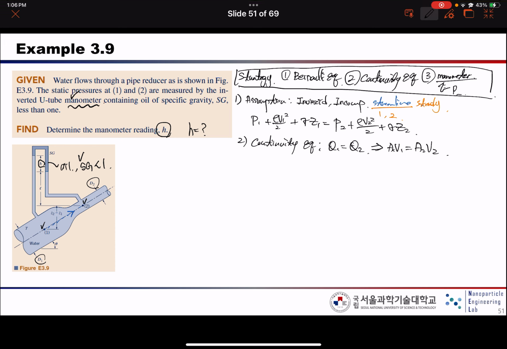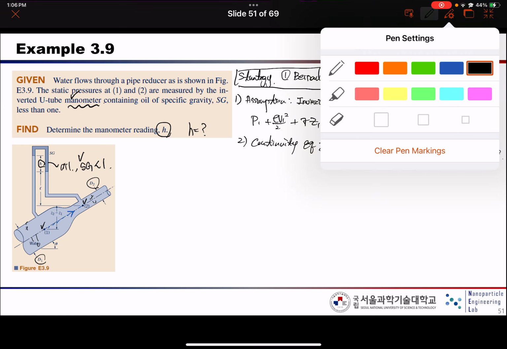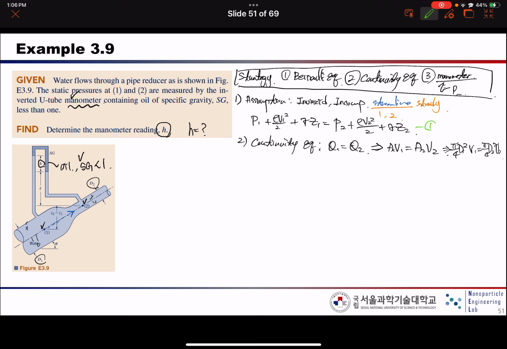And here A1 represents the area, because this is a circle, and this one is a circle and the diameter is given. So we can write it like this, right?